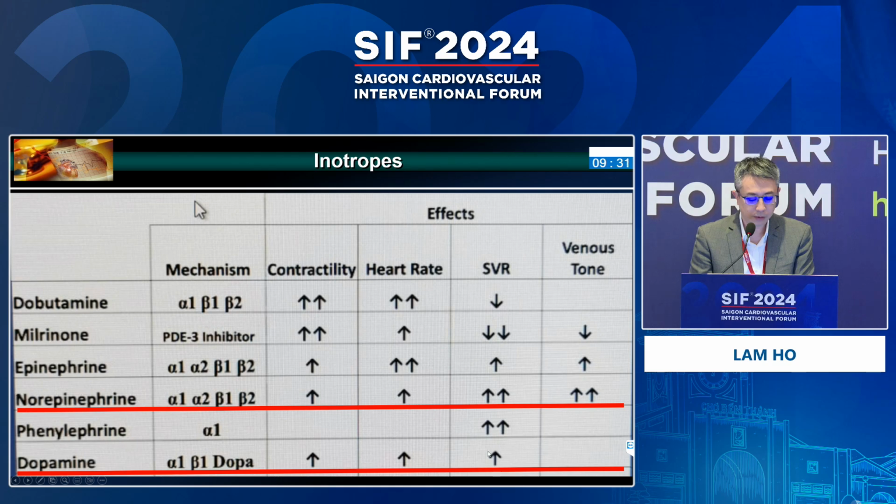There is no evidence, so I cannot write on paper what happened. But you can see from the pharmacology, if you use noradrenaline, in fact, it will increase the systemic vascular resistance much more than dopamine.